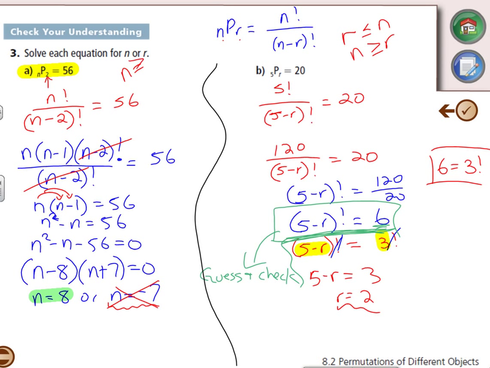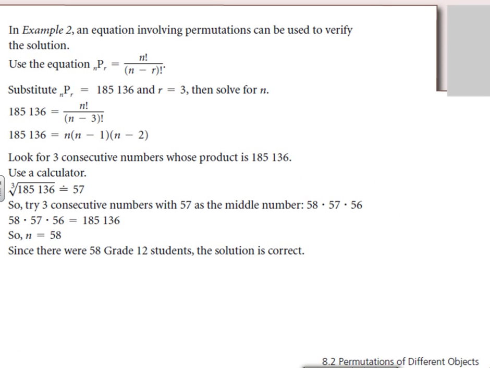Your n value has to be greater than 0. You got to have something to pick from. The r value has to be greater than or equal to 0. So n is 8.